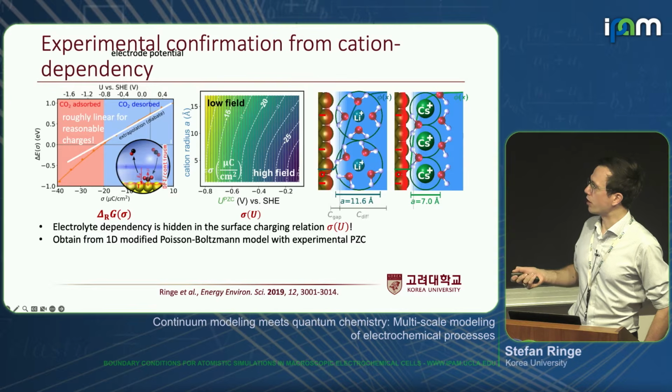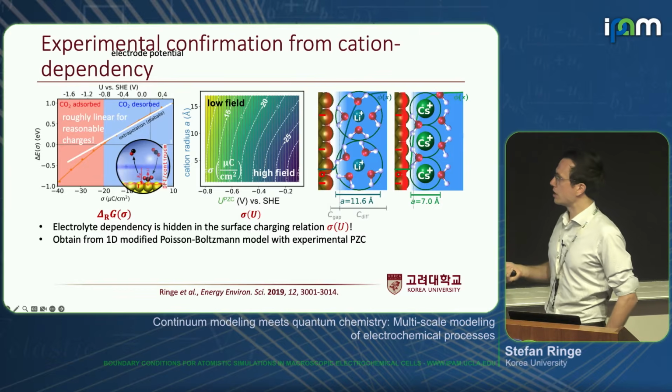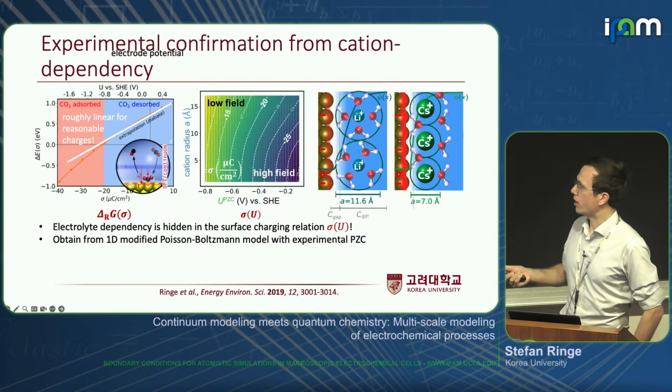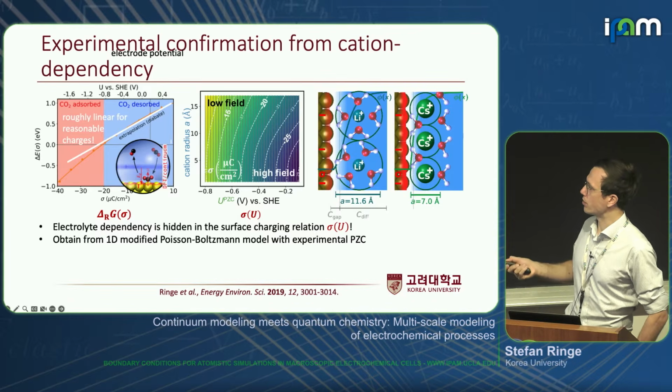And then you can plot the surface charge density as a function of cation radius and PZC. And you can see that both are parameters here to tune the interfacial electric field. So ultimately, when the cation radius becomes smaller, then you increase the electric field because you have more cations at the interface.